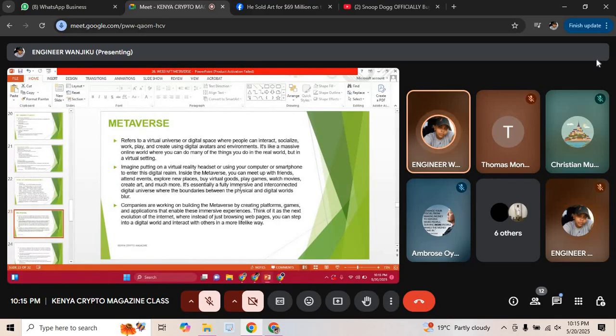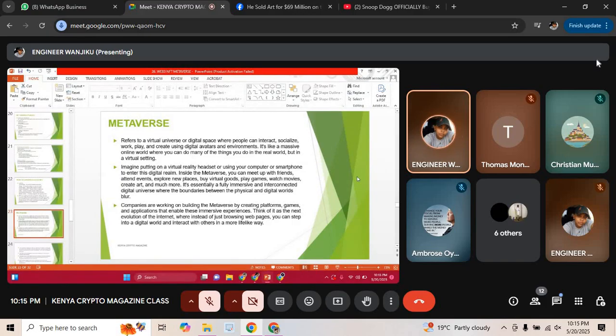So essentially, it's a fully immersive and interconnected digital universe where the boundaries between the physical and the digital worlds blur. Companies are working to build the metaverse by creating platforms and games. If you've played Roblox, thumbs up.